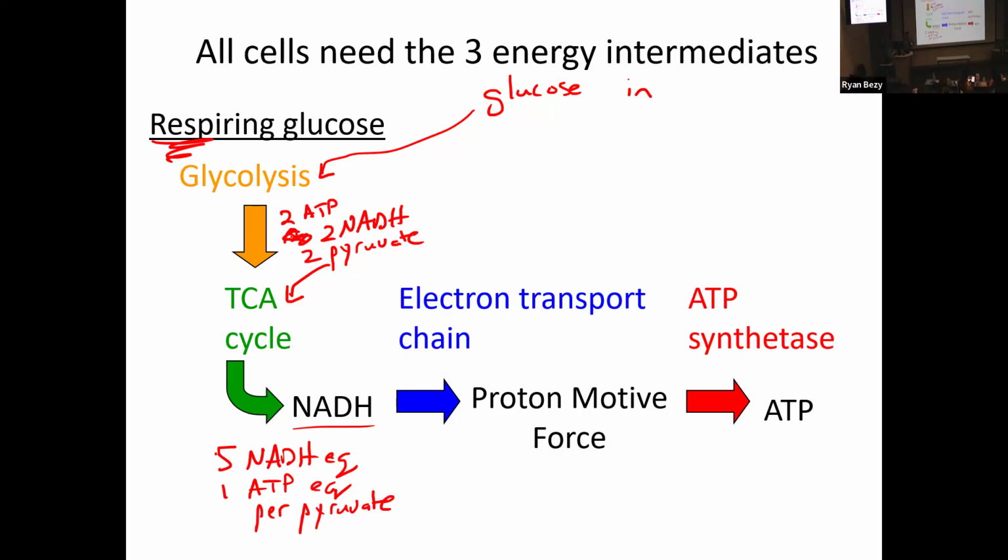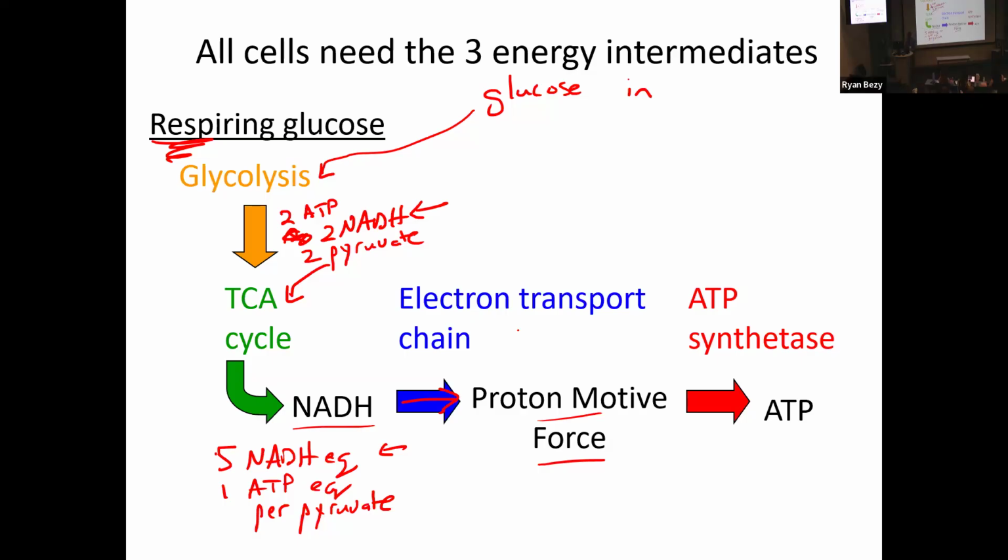Those NADHs, both the NADHs from glycolysis and the NADHs from the citric acid cycle, feed into the electron transport chain. The electron transport chain is that process of respiration. That then makes a proton motive force. In essence, I'm converting the NADH, one of the three energy intermediates, into a different energy intermediate.